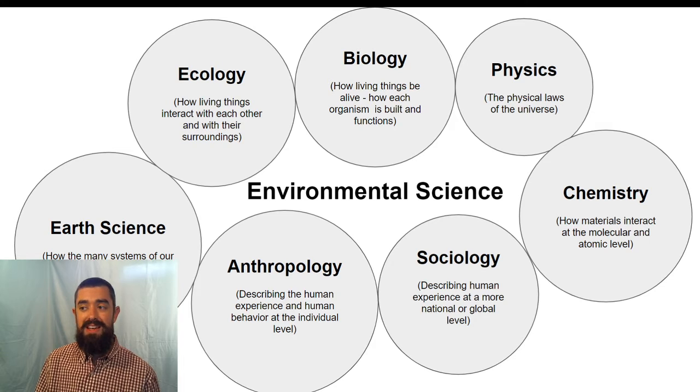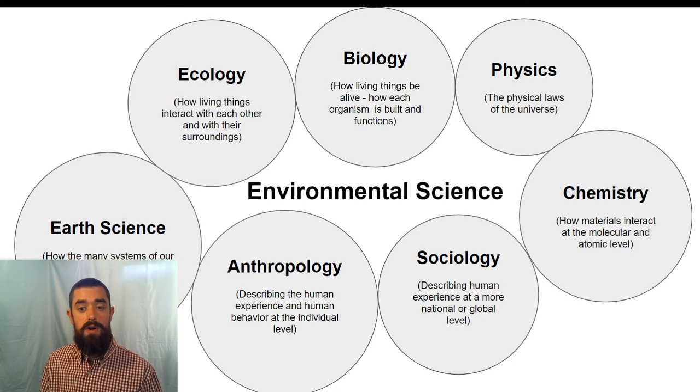So what is happening within our countries, okay? So how are countries developing? How are we developing as a people? We talk about different nationalities of people and how they've developed in their culture or in what their science or other things. Okay, so that's environmental science, a multidisciplinary science.